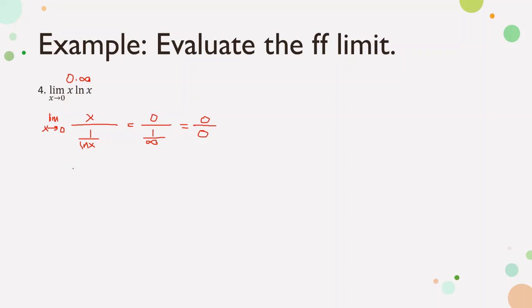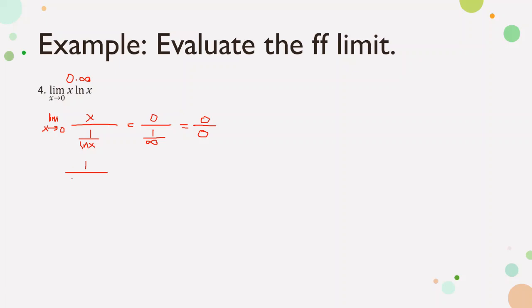For L'Hopital's rule, the rule is to derive the numerator separately from the denominator. So the derivative of x is 1. For the derivative of 1 over ln x, we'll use the quotient rule.